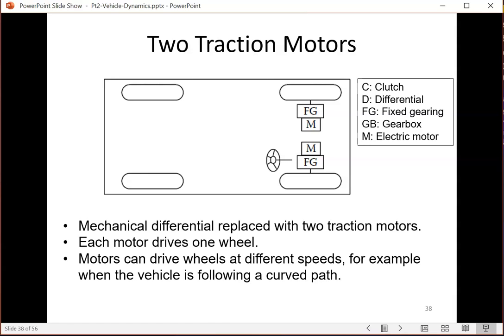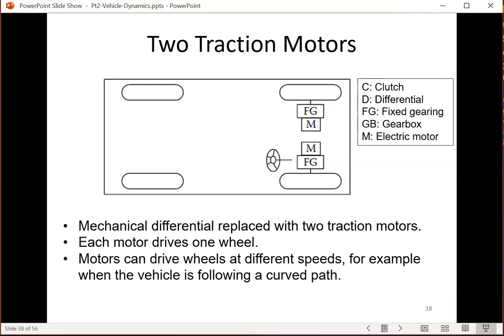In this particular case, you don't need the differential gears to distribute the torque from a single motor to the two wheels, because now I'm driving two wheels together, but independently. If I'm able to control the two motors independently, then it's possible. When I need to go around a curve, a street corner, I don't necessarily have to rely only on steering the wheels to point in the direction of the corner.